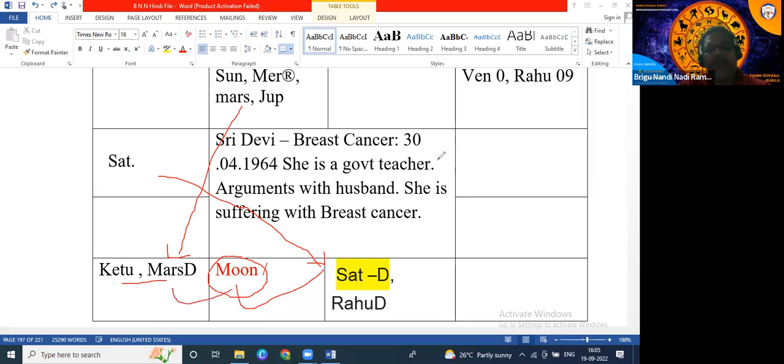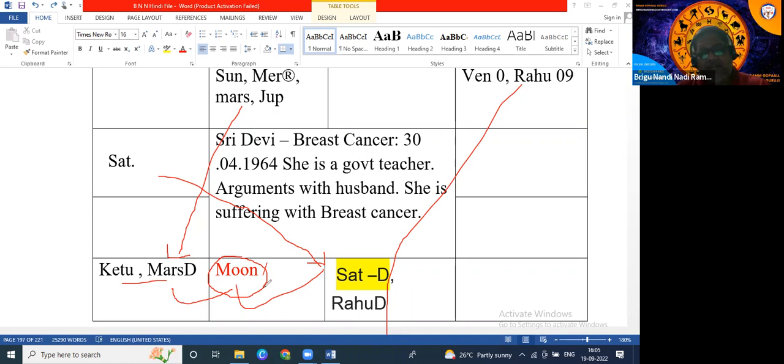Saturn and Mars are enemies. Direction wise, Rahu is also in this house. So the Moon is hammered in between Rahu and Mars, and Saturn and Mars. The Moon is the breast, so that's why she got breast cancer.